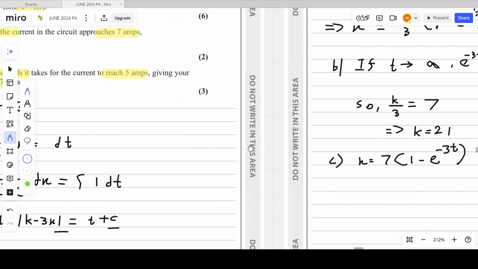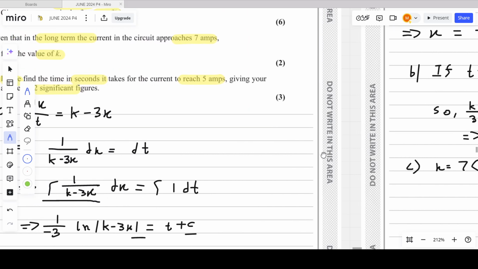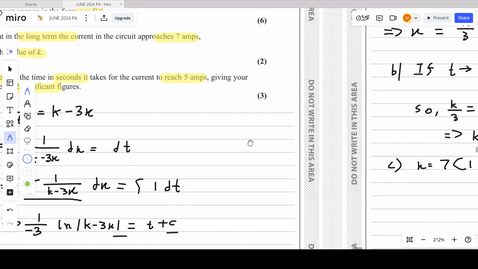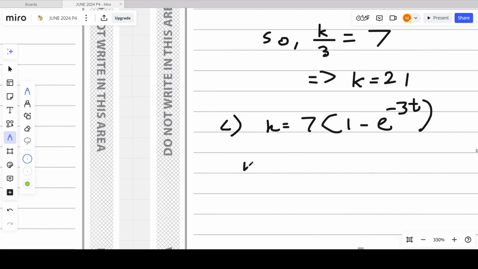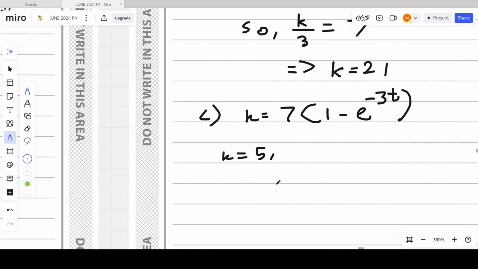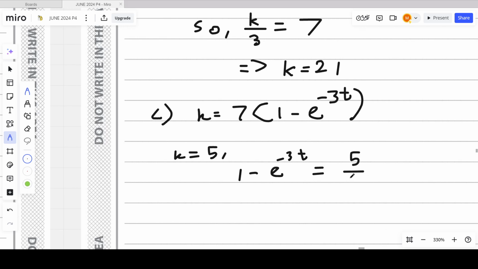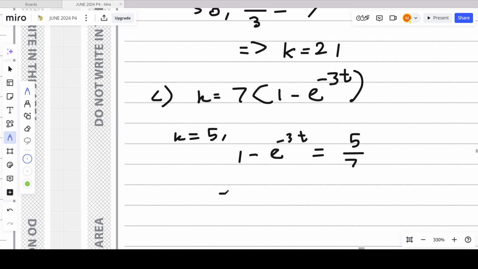Now they asked to find the time to reach 5 amps. So x would be 5. If x equals 5, then 1 minus e to the power -3t equals 5 over 7. Now take e to the power -3t to the right side.